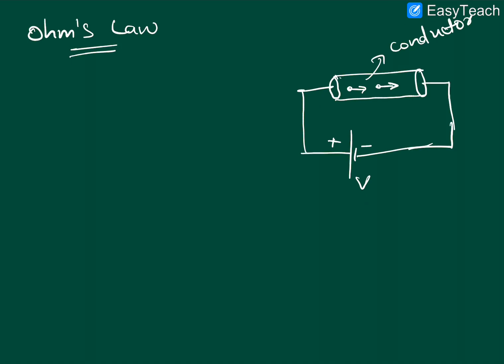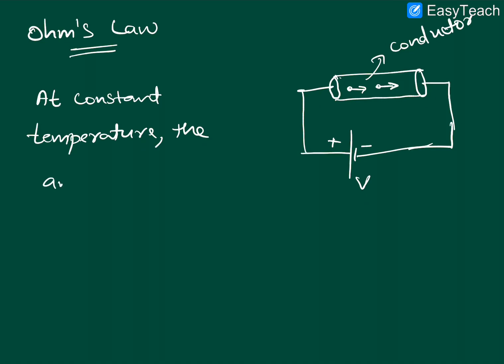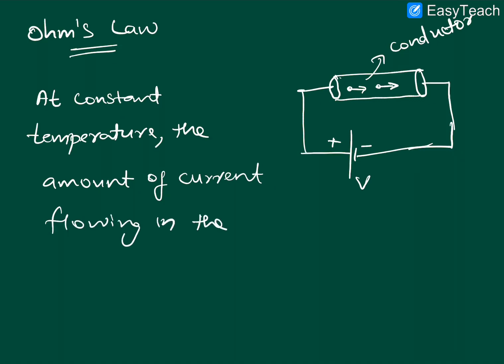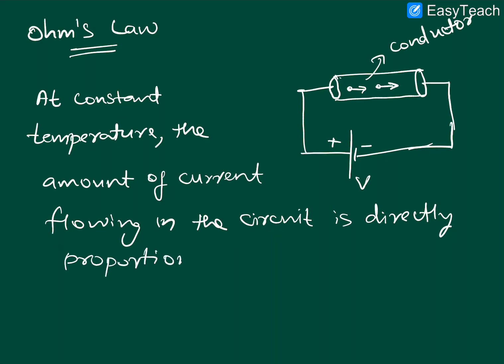According to Ohm's law, at constant temperature, the amount of current flowing in the circuit is directly proportional to the applied voltage.